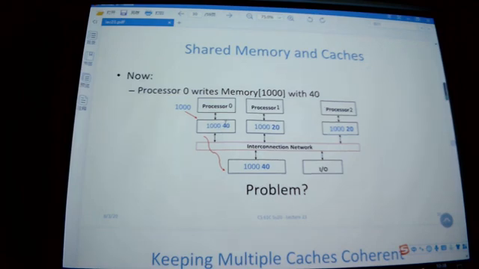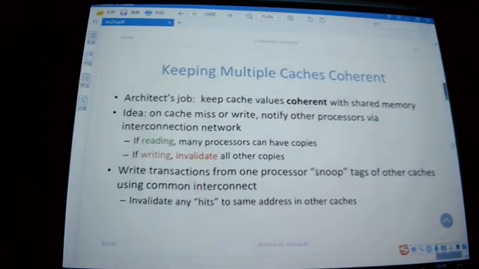If the number in the cache is returned to the main memory, the numbers can be translated to main memory. So this goes in two directions. Okay, we can keep multiple caches coherent.